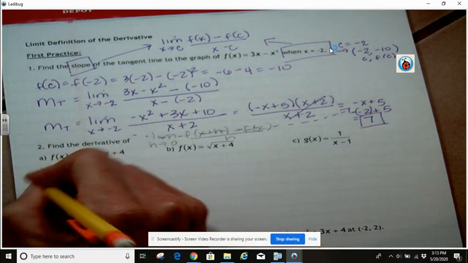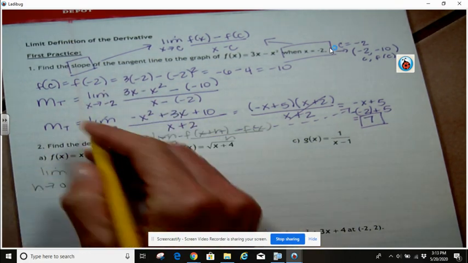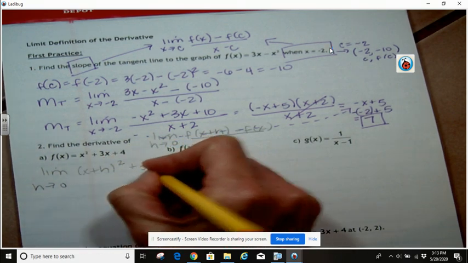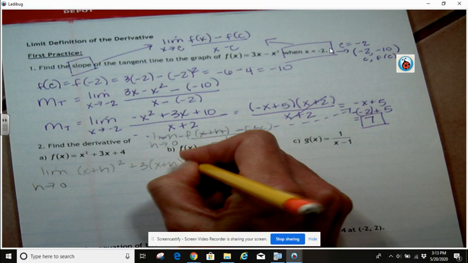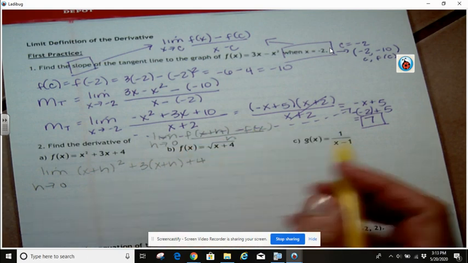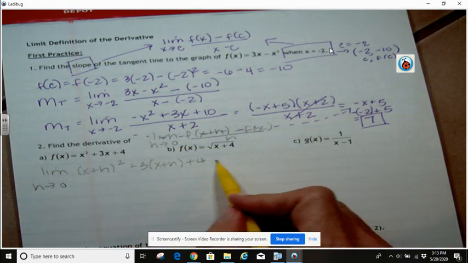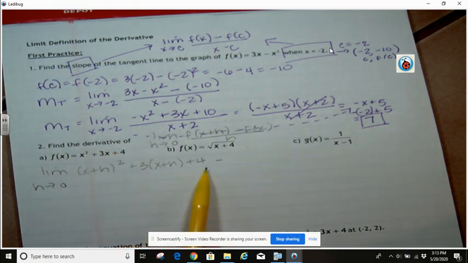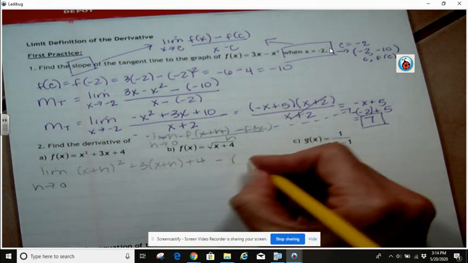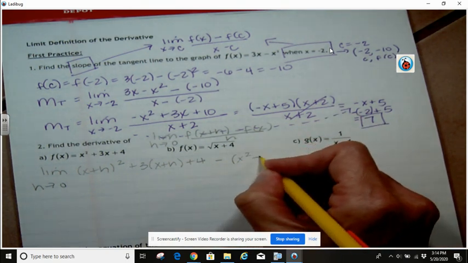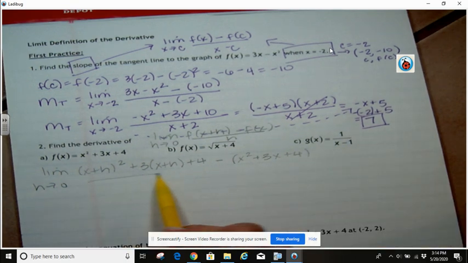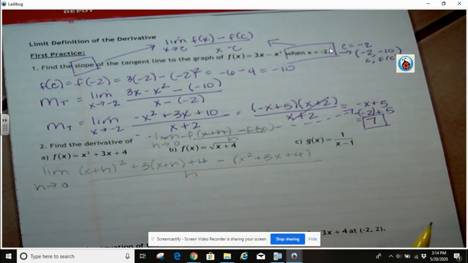So the limit as h approaches 0, so instead of x squared, x plus h squared plus 3 times x plus h plus 4 minus f of x. So minus this function. This is f of x. This is what f of x looks like when you replace all the x's with x plus h. You want to use parentheses here because you're subtracting, and you don't want to get the signs messed up. And then the whole thing's just going to be divided by h.